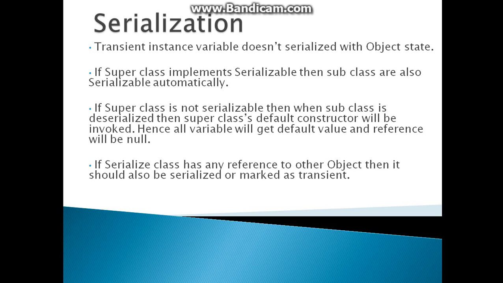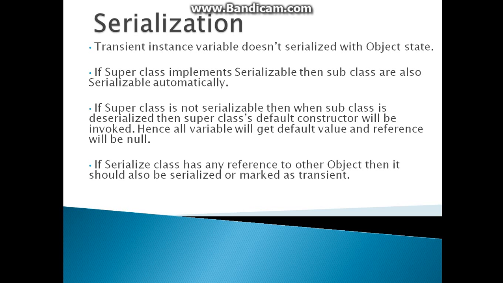If a serializable class has any reference to any other class object, in that case the other class must also implement the Serializable interface. Let's understand this by one example.